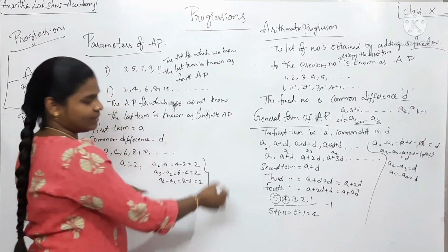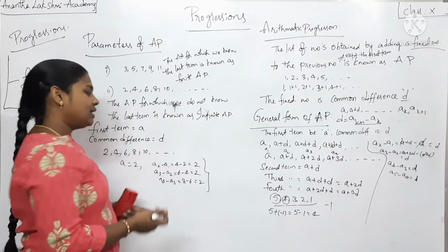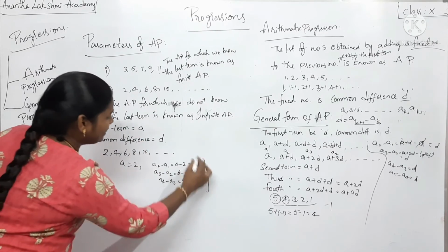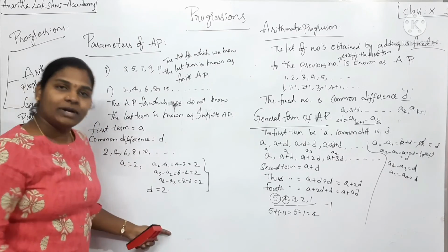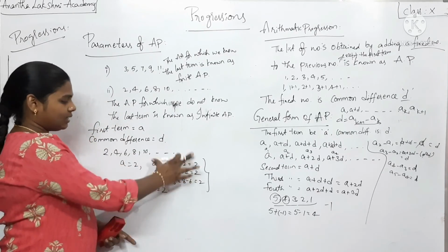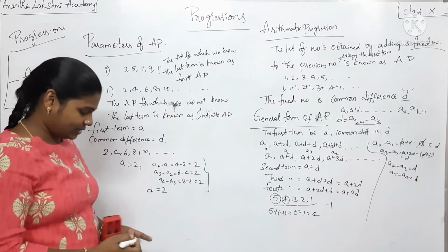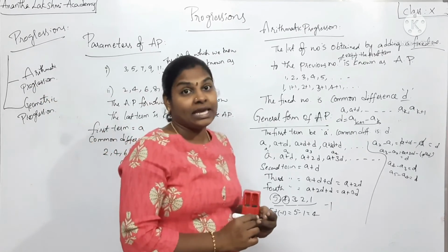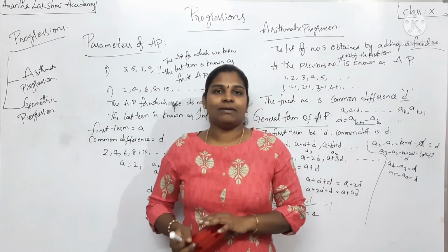As we are getting the same thing for all the numbers given in the list, we say that the difference is same. Therefore, the common difference is 2. A is 2, common difference is 2. And as we have a common difference for all the consecutive numbers, this is said to be in AP. That is the reason we need to understand the parameters of AP.